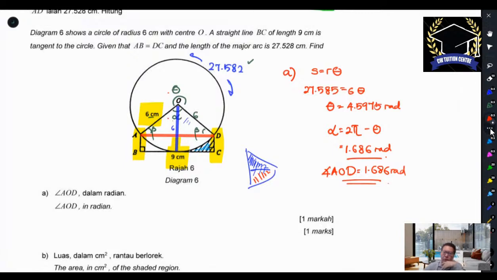Then after that, I will use the 4.5 times the CD minus off the red color part. That will be the shaded area, right?